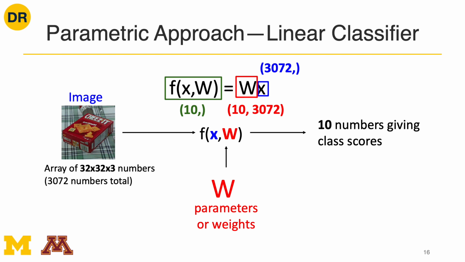So the 3072 corresponds to the total number of pixels in our image. So if we take this two-dimensional matrix W and we do a matrix vector multiplication with the image input, where the image is represented just as a vector of 3072 numbers, the output that our function is going to be producing is a vector of length 10, where we can interpret the 10 numbers that it produces as representing the scores, one for each class.